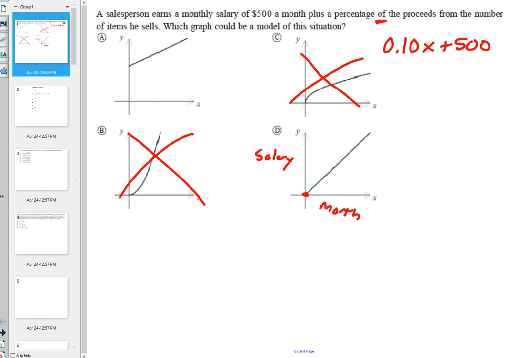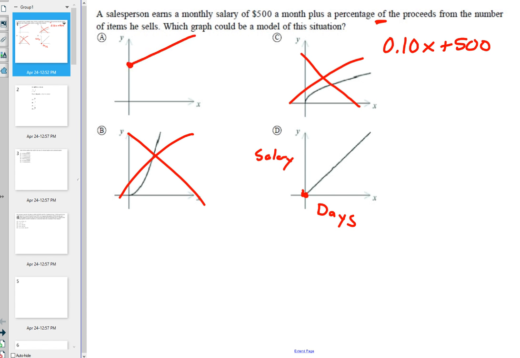Actually, this is a monthly salary, so this would probably be days. We're staying specifically within one month, but whatever. When no days have passed, this implies he hasn't made anything, which is not the case. When no days pass by, what is he guaranteed every month? 500. So the only one it could be is here, starting above 0.